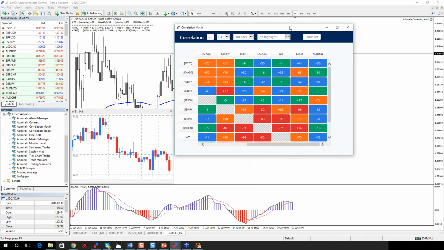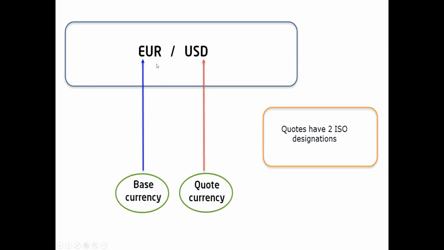It will move negatively with dollar CAD. And as I said in this slide, you need to watch base versus quote currency. If you see dollar here and CAD here, know that dollar is the base currency and CAD is the quote currency.